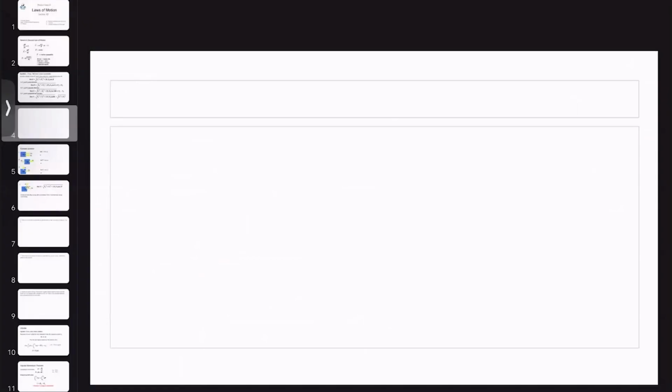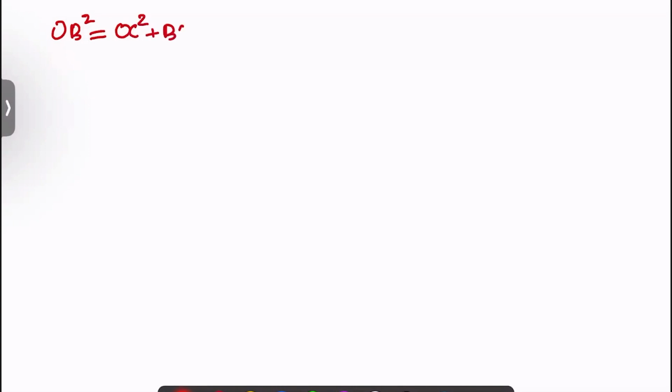So we know, so these were the equations. One is OB square equal to OC square plus BC square.